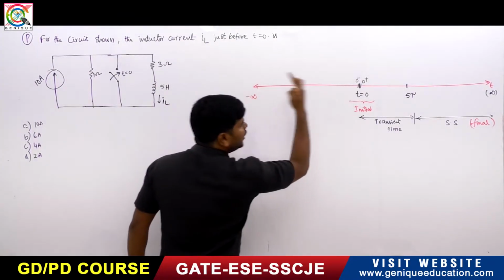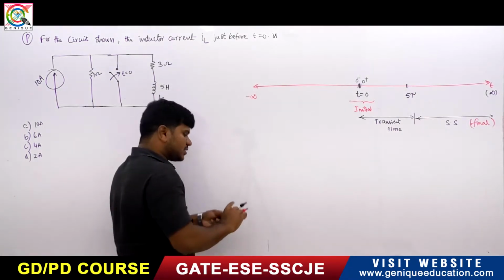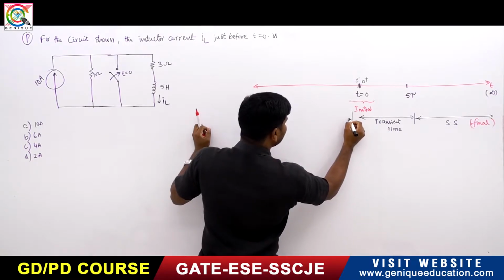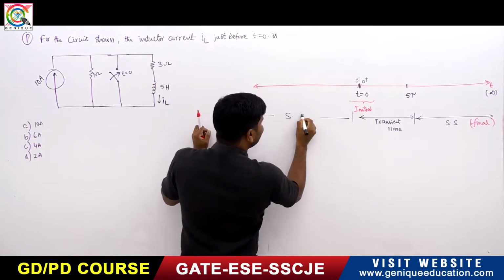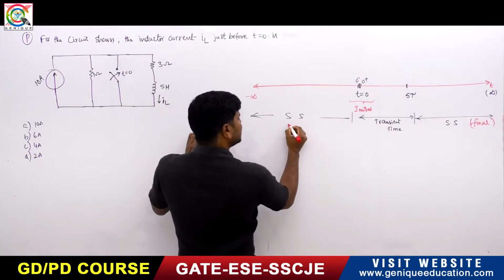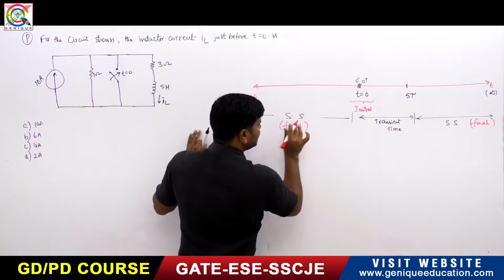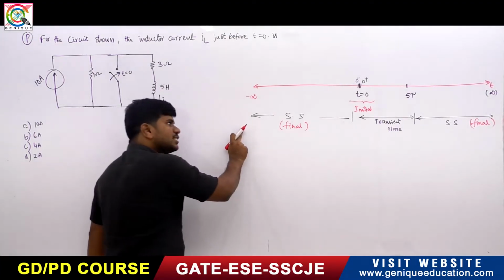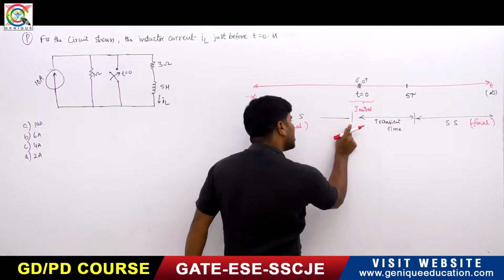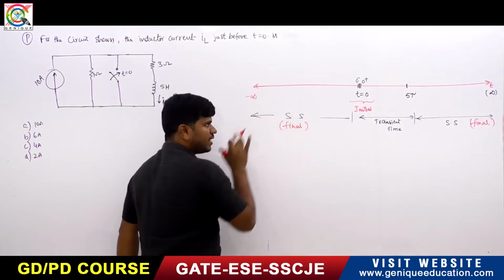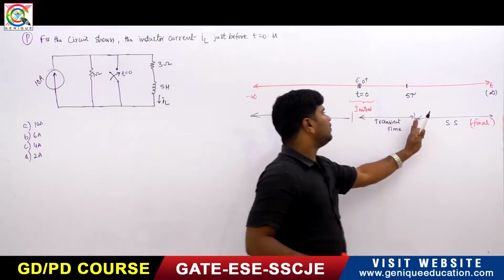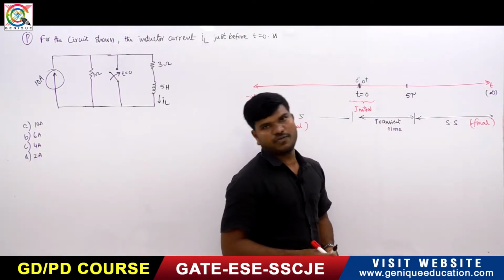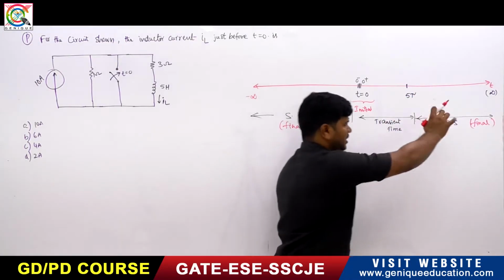So from minus infinity to t equals 0 minus is also called the steady state time, which is also considered the final state. After 5 time constants, t greater than 5 time constants is also called the final state, meaning steady state.